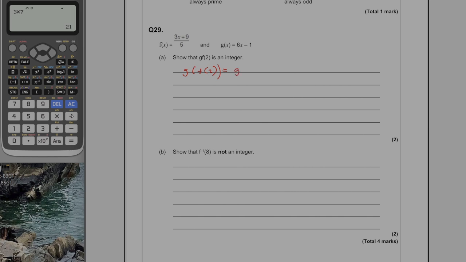So if I put 2 in here, that would give me 3 times by 2 is 6. So 6 plus 9 is 15 over 5, which would give me g of 15 over 5, which would be 3. And then g of 3 is going to be equal to 6 times by 3 minus 1. So 18 minus 1 would be 17, which is an integer.